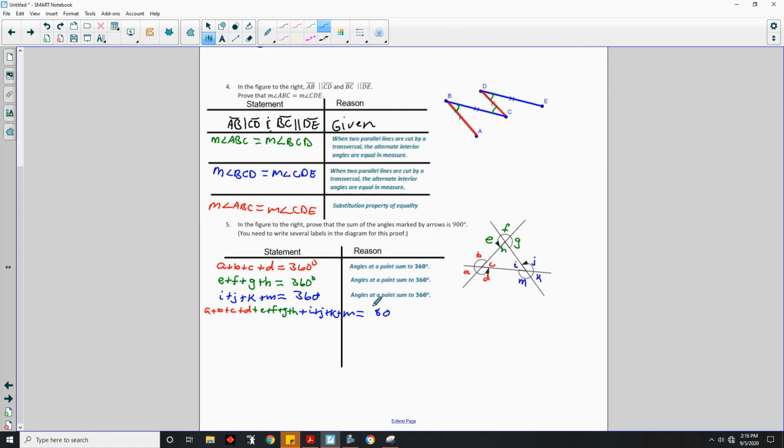Carry a 1. 3, 6, 9, 10. So those 3 vertices add up to 1080 degrees.